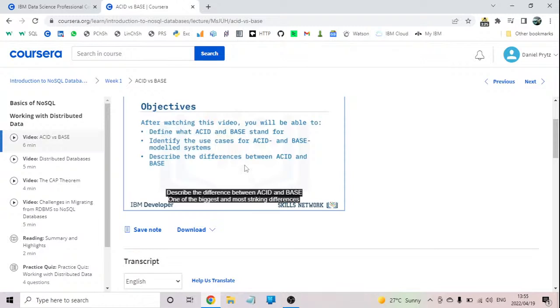Question 2 is identify the use cases for ACID and BASE modeled systems.